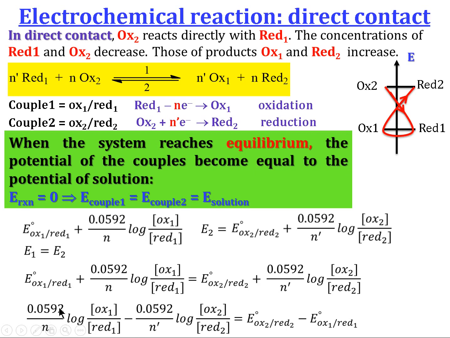So 0.0592 divided by n log Ox1/Red1 at equilibrium minus 0.0592 divided by n' log Ox2/Red2 at equilibrium is equal to E0 Ox2/Red2 minus E0 Ox1/Red1.